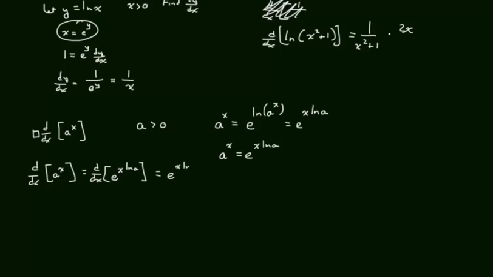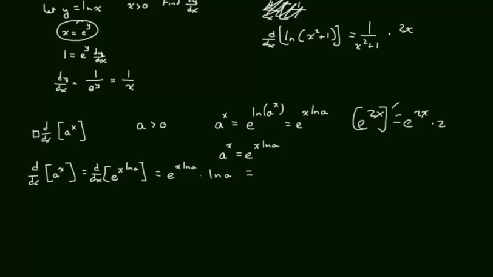It's just e to the stuff now times the derivative of the stuff. Now natural log of a is a number, and that sometimes confuses people. Like if I had e to the 2x and we were finding its derivative, it's e to the 2x times 2. So here it's e to the x natural log of a times the natural log of a. That's the coefficient of x.